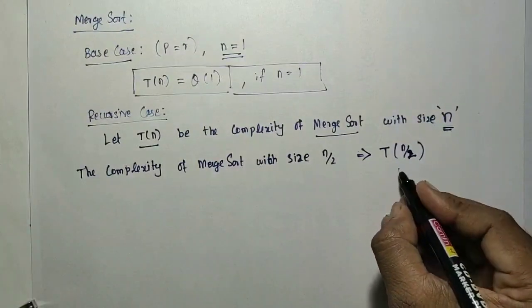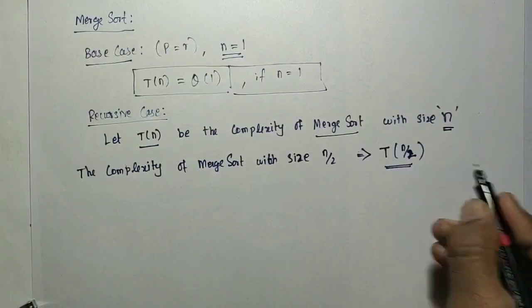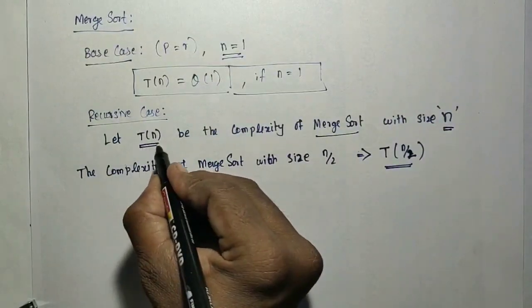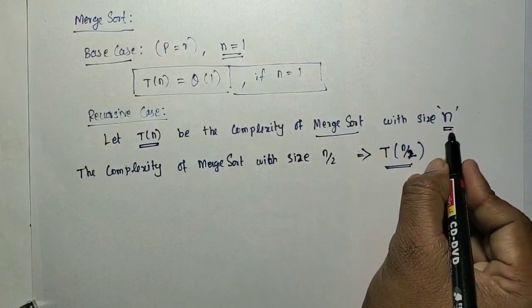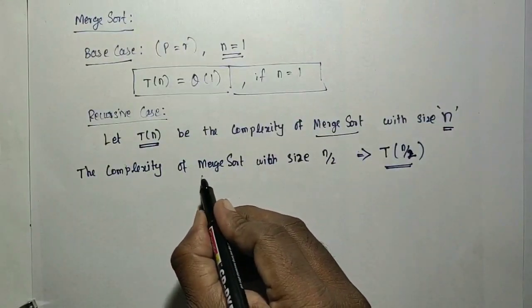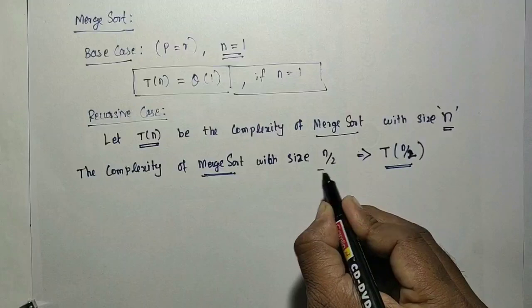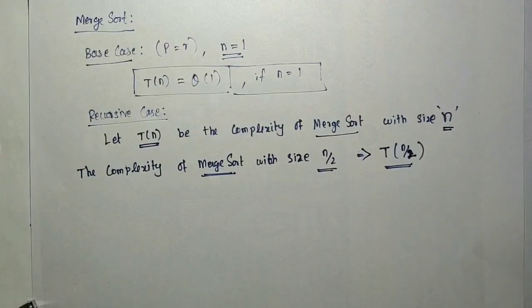So T of N is the merge sort complexity with size N, and the complexity of merge sort with size N by 2 will be T of N by 2.